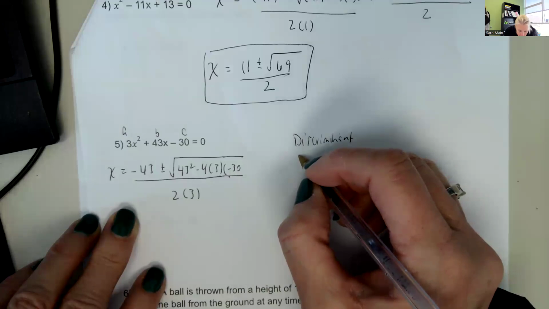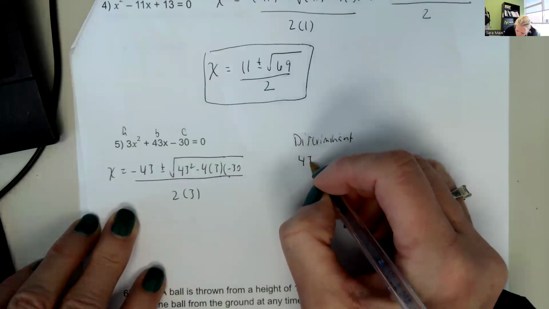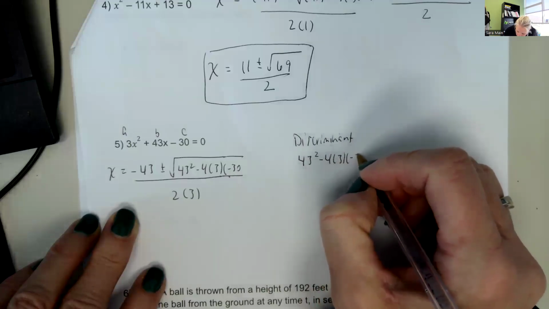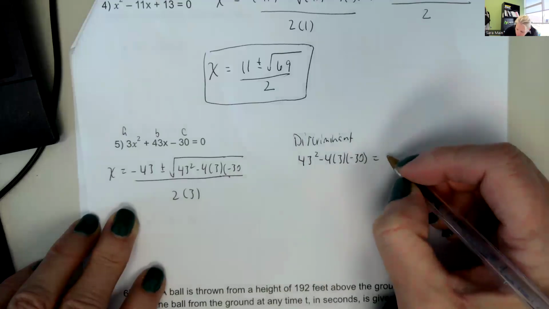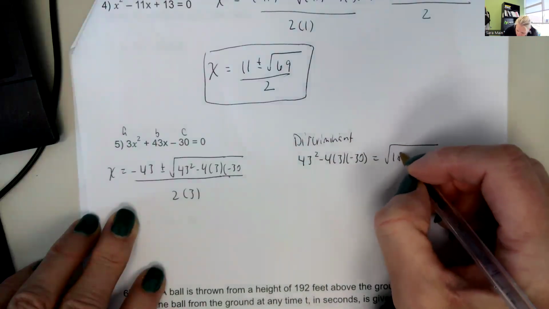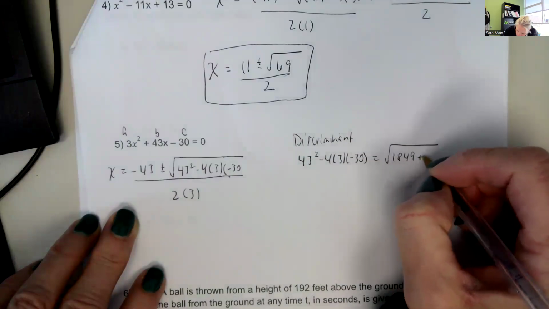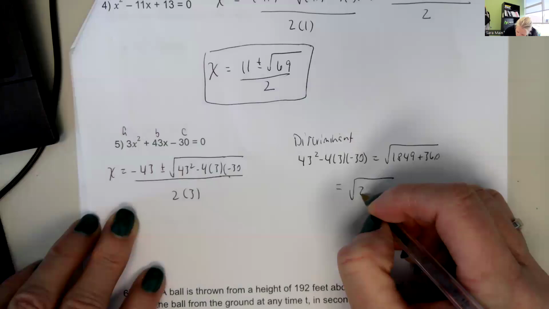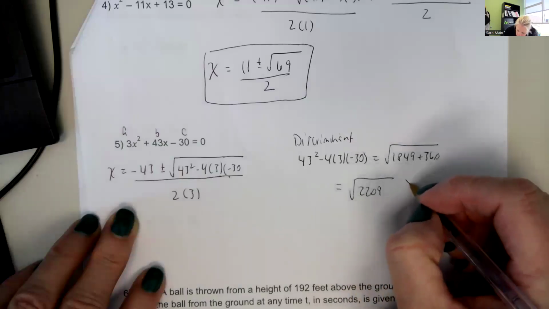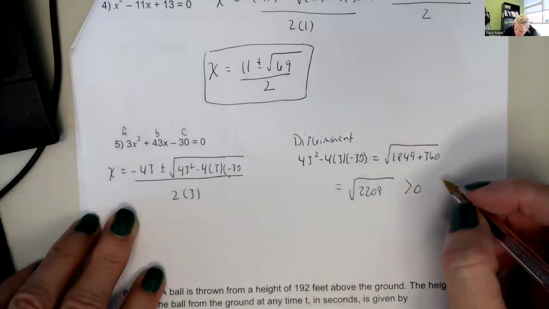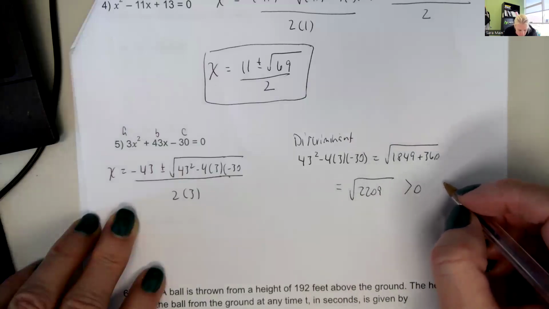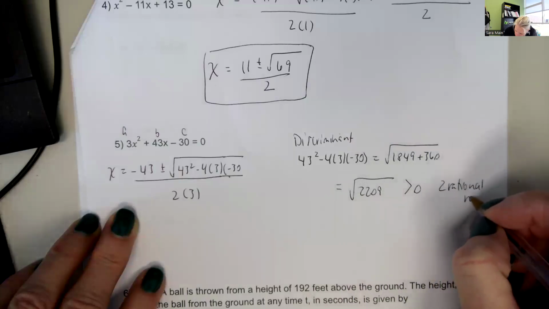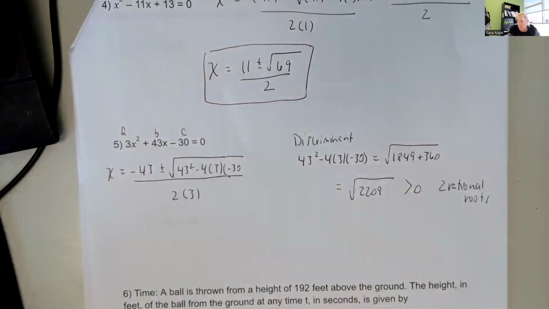If I look at the discriminant, which is 43 squared minus 4 times 3 times a negative 30, that comes out to be the square root of 1849 plus 360, which is equal to 2209, which is greater than 0. So that tells us that there's going to be 2 rational roots.